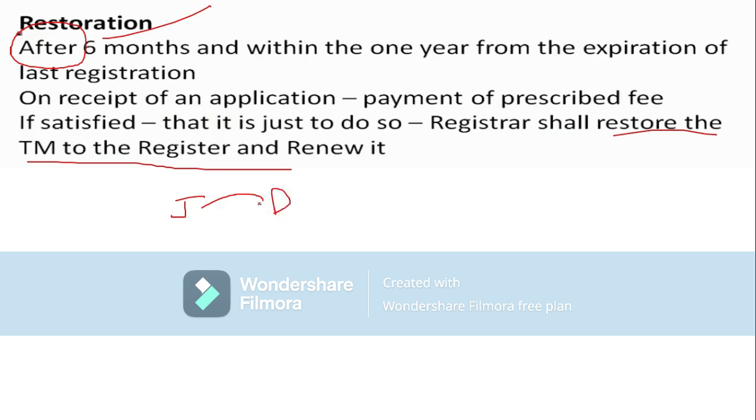After 6 months and within 1 year, meaning again June, within this period the applicant may again go for the application for renewal of the trademark, with the prescribed payment of fees. If the registrar is satisfied, then the registrar will restore the trademark to the register and renew it. So this is about restoration.